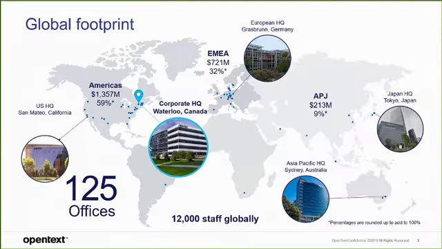OpenText has a large global footprint with around 125 offices all over the world. It is headquartered in Waterloo, Canada, and has more than 12,000 staff globally.